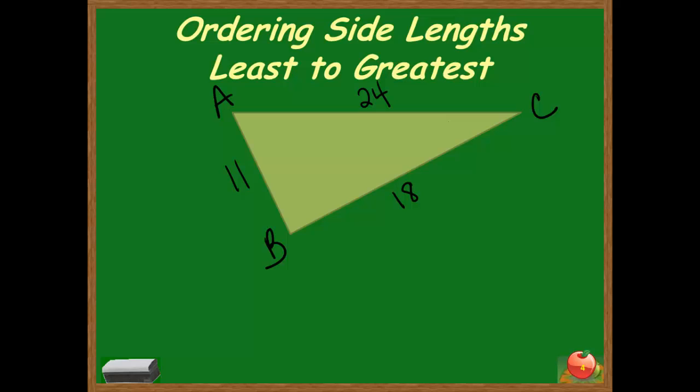So my answer, if I went from the least to the greatest, would be AB, BC, AC, or you could have written CA. These are the side lengths in order from least to greatest.